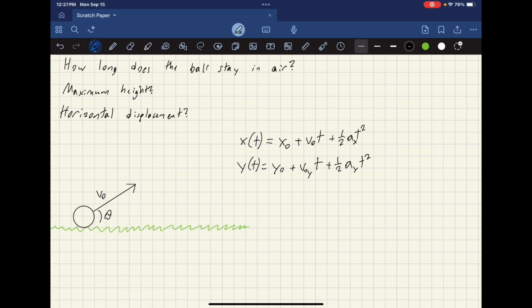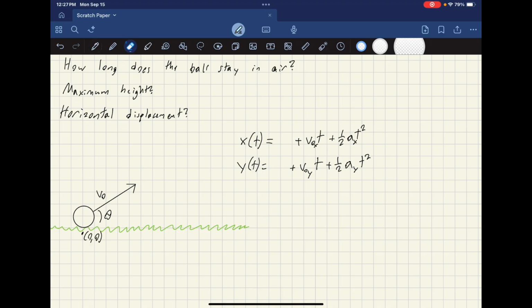And then I'll put an x on both of these to show that the top one is worried about horizontal displacement and the bottom one is worried about vertical displacement. For our axes, I'm going to set this point at the ball to be 0, 0. So in both cases, x naught and y naught are both 0, so I'm not going to worry about them.